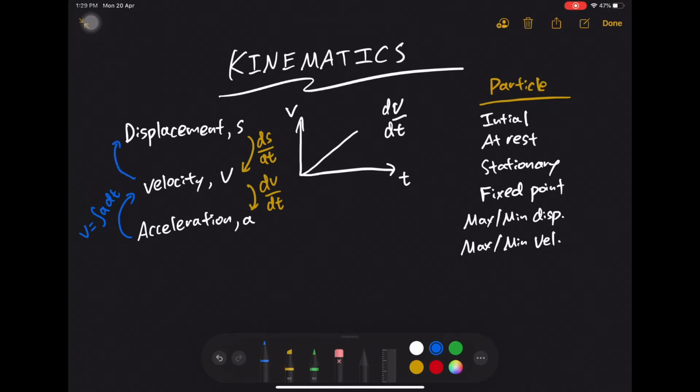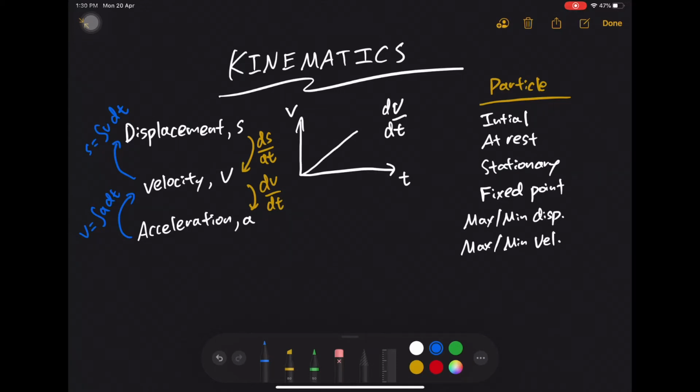The same thing happens to our velocity. If we want to get to displacement, all we need to do is integrate our velocity. So this topic is about moving from displacement to velocity to acceleration and around, going one big round.